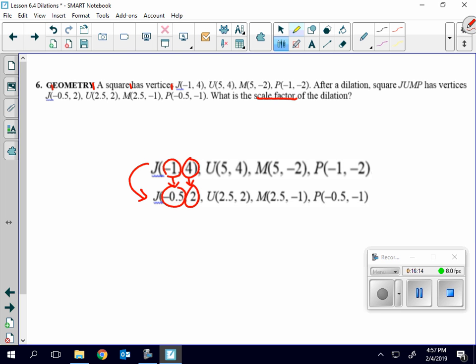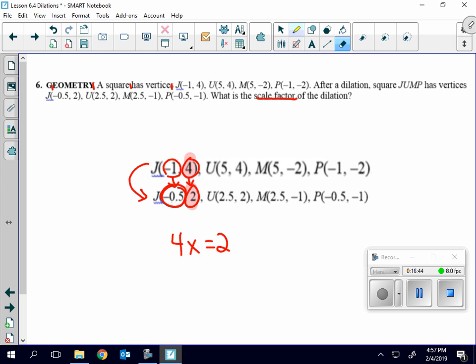So I know that I'm going to be dividing by something or multiplying by a fraction. Okay? So what I can do is say, well, what do I have to multiply one number by to get the next number? If you don't want to use decimals, just pick ones that don't have decimals. Let's use this one right here. What do I have to multiply 4 by to get 2?